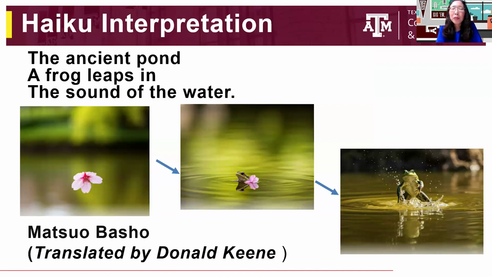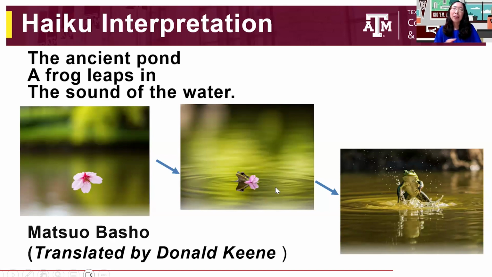Another example of using an image was using an image to show the students' interpretation of haiku. My students read famous haiku, and then I asked them to use the AI to generate the images. The image on the left was the original image I asked the AI to generate. And for some reason, instead of a frog, it showed a flower.